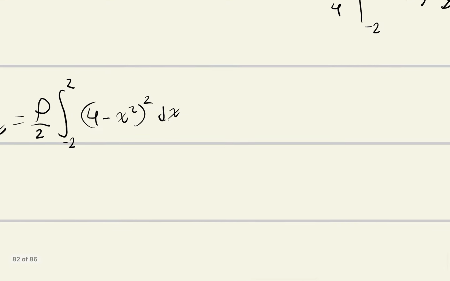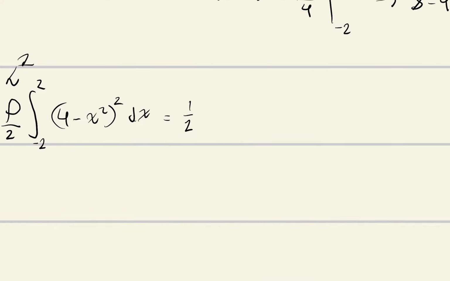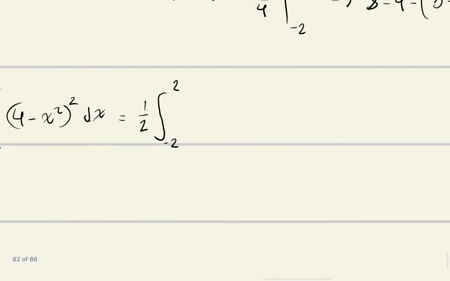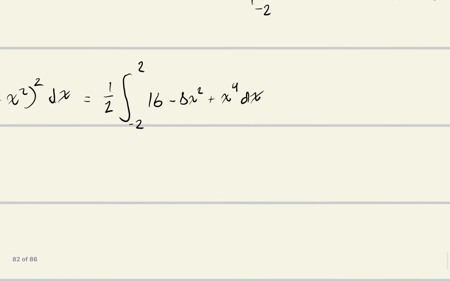And we can go ahead and FOIL. And since we know rho is 1, we can say 1/2 times the integral from negative 2 to 2 of 16 minus 8x squared plus x to the 4th dx.